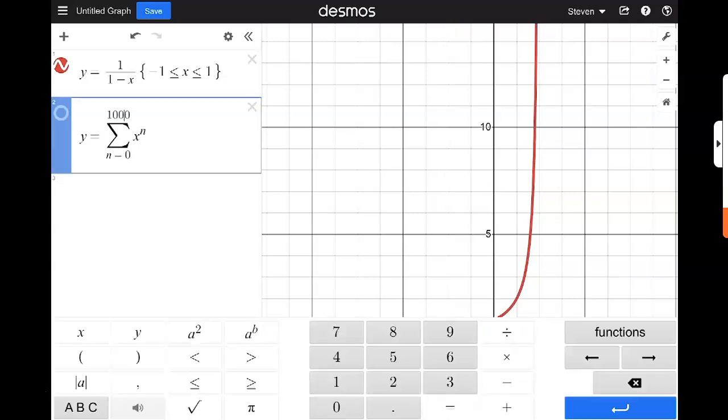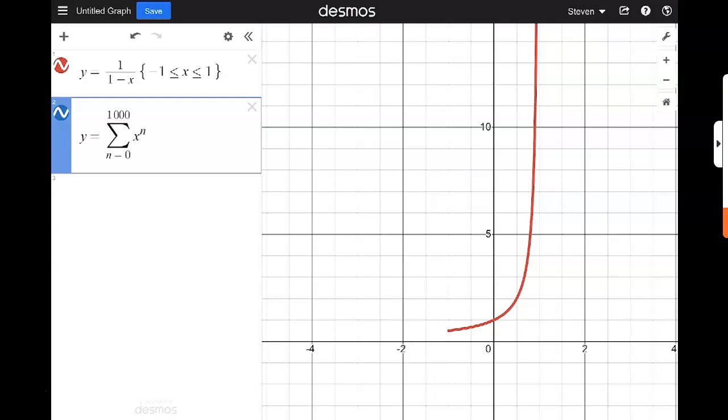And again, as we do more and more, that will also be the case. It takes a little bit longer because it's got to compute the first 1,000 terms. But you see, we have this other piece over here that's not in agreement.